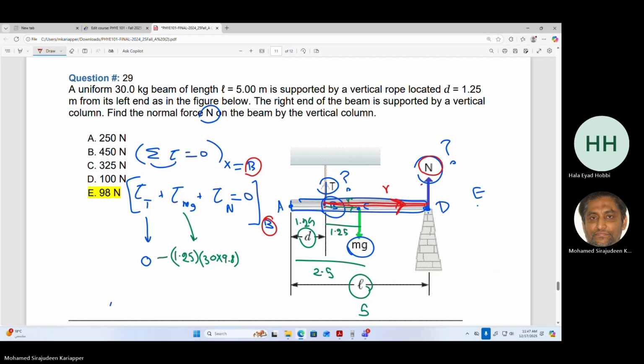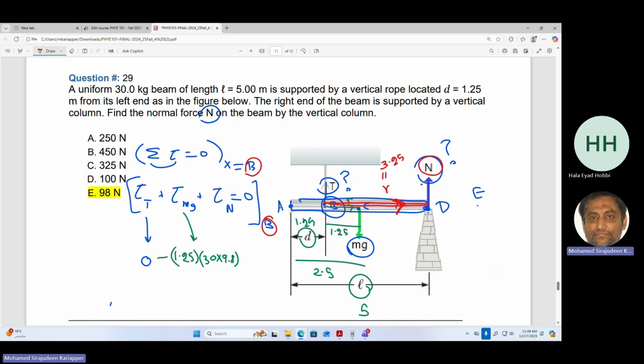5 minus 1.25 is how much? 3.75. Sorry. If you cannot do it in your head, you better use the calculator. Don't make any mistake. Or you can just write it as 5 minus 1.25.